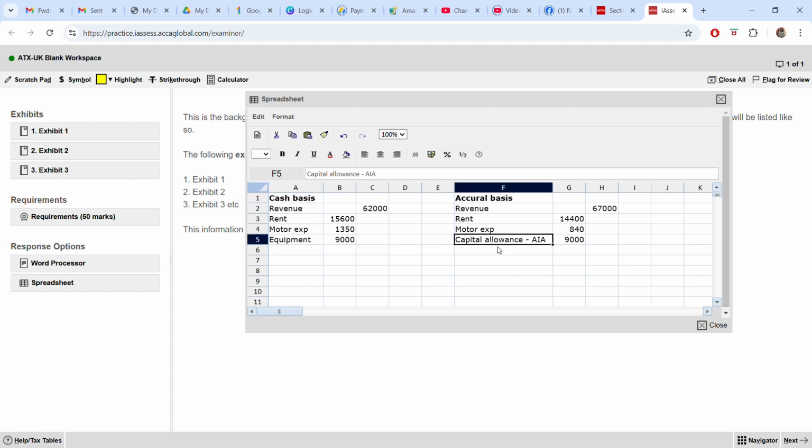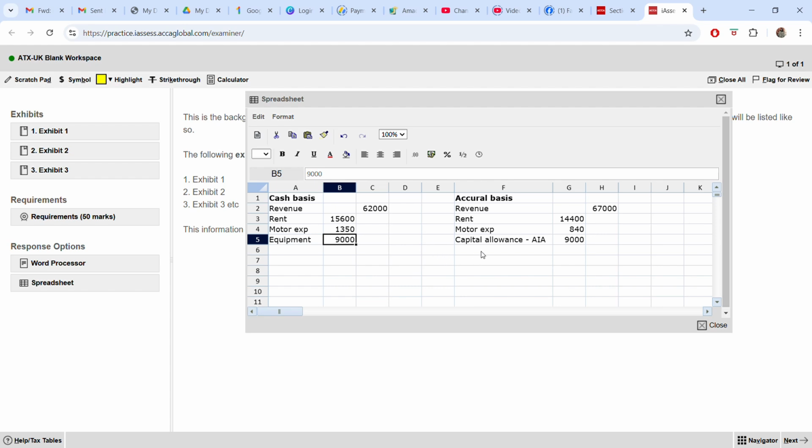not cash basis. Under cash basis you can deduct. Why are you not getting this capital allowance under cash basis? Because you are deducting 9,000, so this or that, it is the same. Maybe the terms are different. Under accrual it is accrual basis capital allowance, under cash basis the full equipment cost you are deducting. So it's the same. Now remember, you have bought a car.